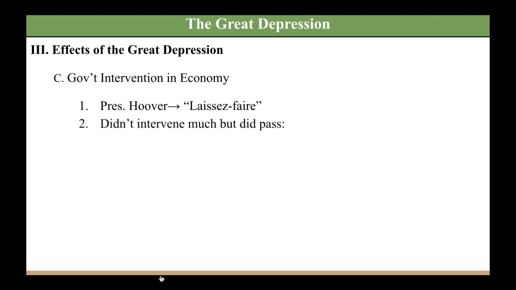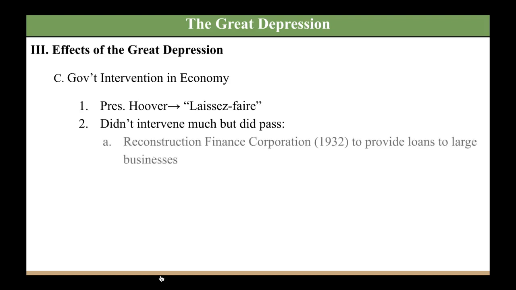Okay? When the Great Depression occurs, they feel like Herbert Hoover, who's president of the United States at the time, they feel like the economy will regulate itself. It will correct itself. We'll have a short-term pain, but eventually it's going to become better. And so they didn't intervene much, but they did pass a couple of things.